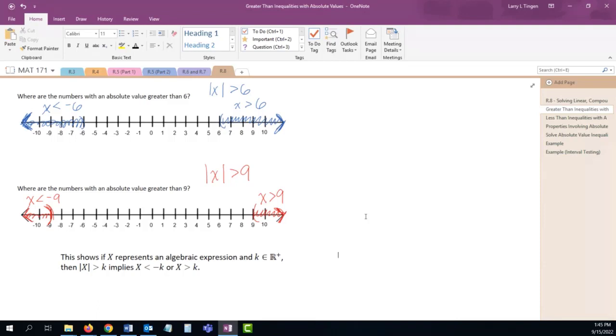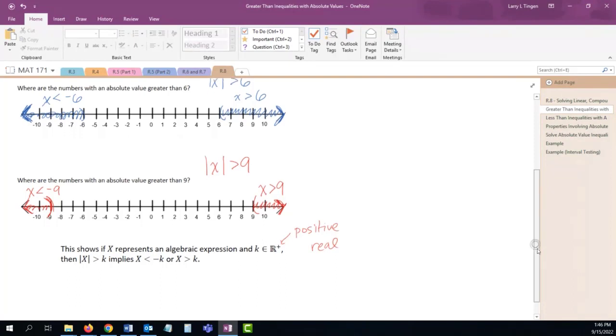So this shows that if X is some algebraic expression and k is a positive real number, and that little plus just means positive real number, then the absolute value of X is greater than k implies either X is greater than k or X is less than -k.